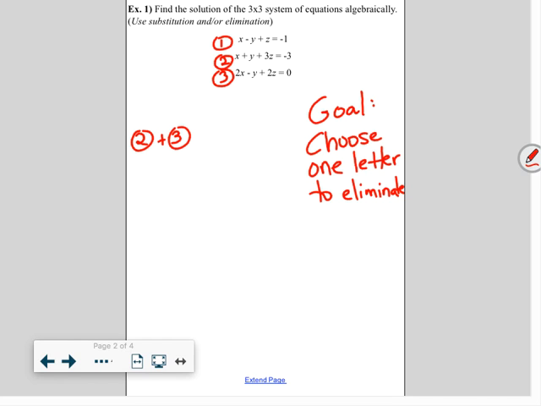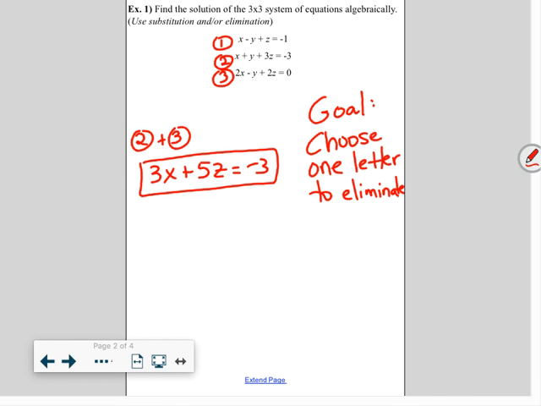So here we go. If I add these, that's going to give me 3x plus 5z equals -3. Put a box around it. What Alex suggested is that if we add equation 2 plus equation 3, that eliminates y. Now I need to take another pair and eliminate y.